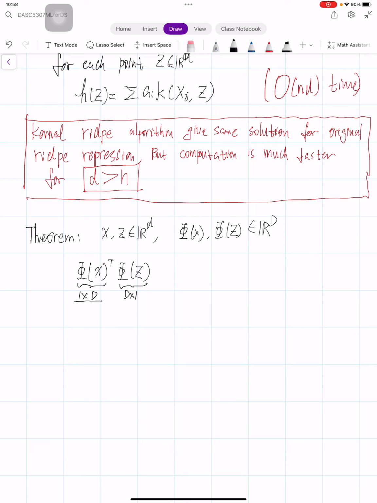So this theorem tells us how to calculate the product of this huge vector calculation. This can be simply written as the original vector inner product x transpose z plus 1 to the power p.